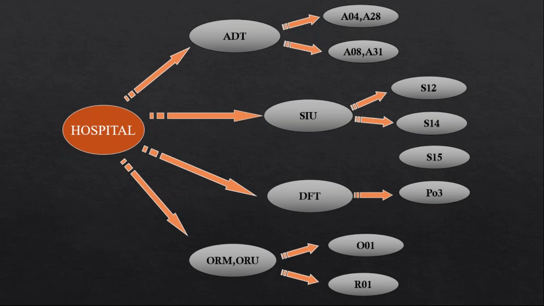We can design it that way within one single channel. At the same time, we can also design one channel for each message type, which means for ADTs we can have one channel, and for SIUs we can have another channel. And within ADTs we can have A04s, A28s and A31s being accepted.